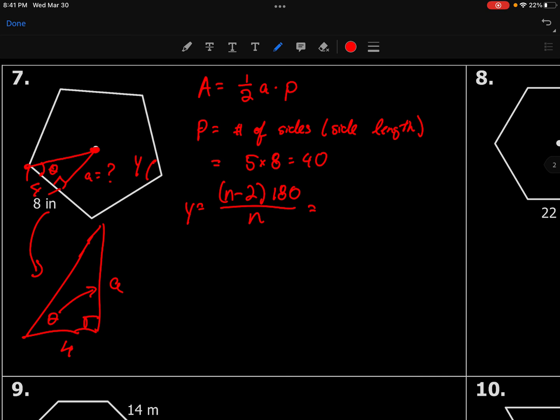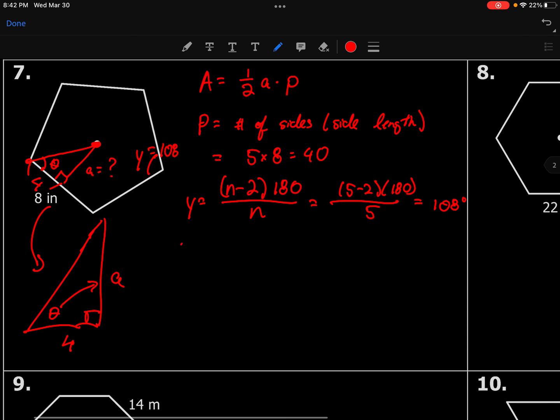N is the number of angles that we have, in this case 5. So it's (5 minus 2) times 180 divided by 5, which gives you 108 degrees. So we know that y is equal to 108 degrees. Therefore, theta is 108 divided by 2, or 54 degrees.